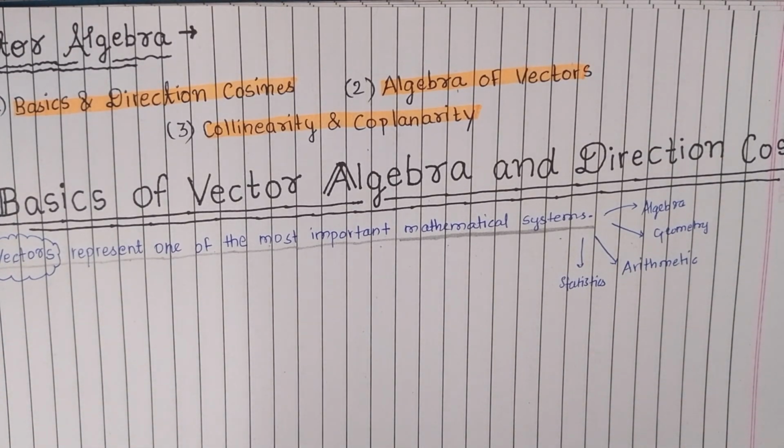So vectors can be classified in two categories. One is scalar quantity, another is vector quantity. We will use our creativity to draw notes.